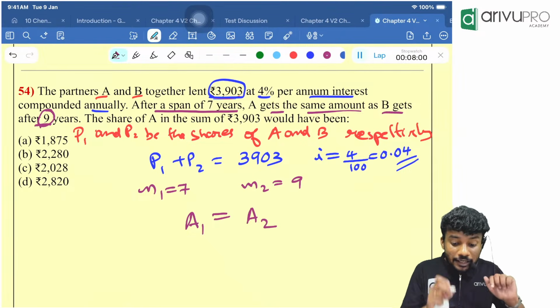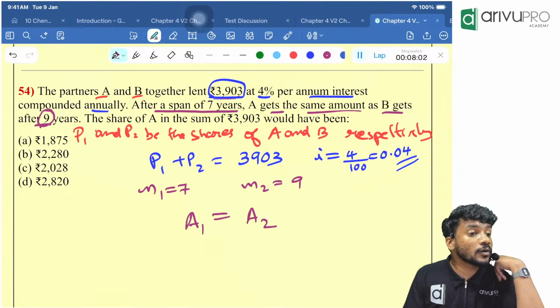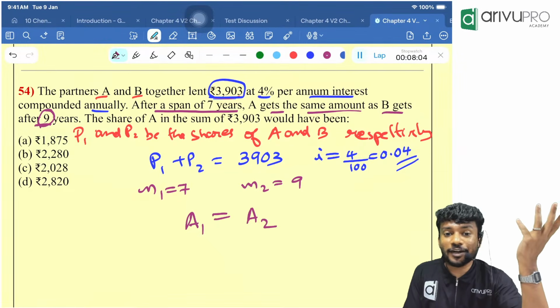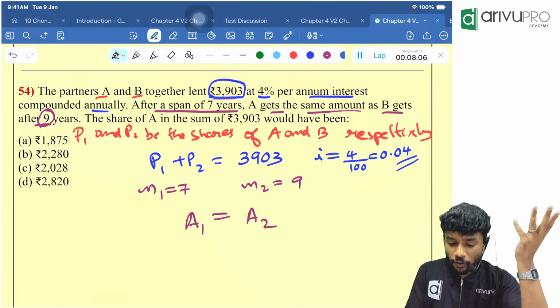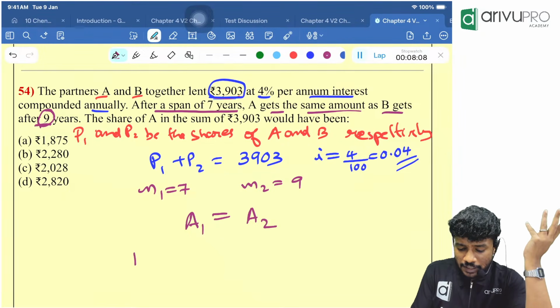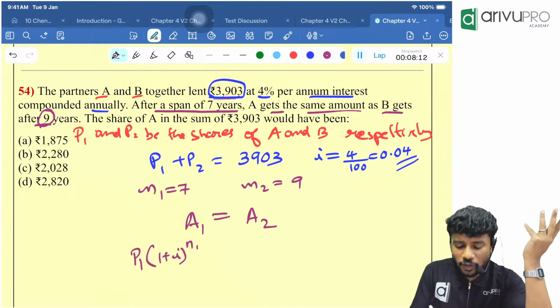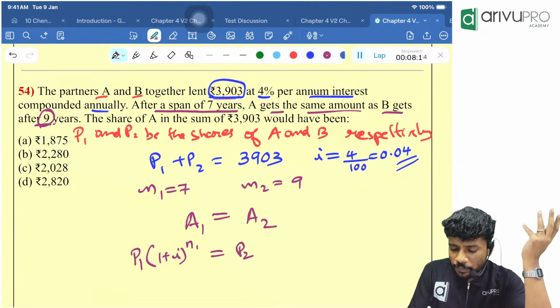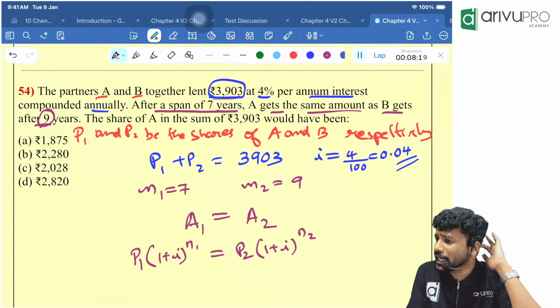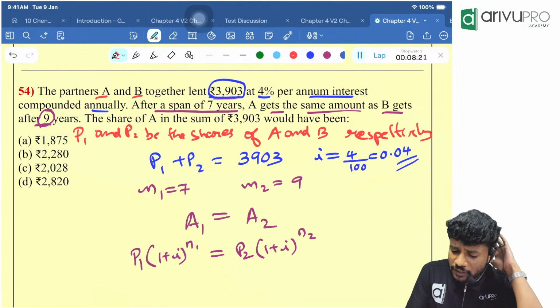Then what is the formula for A? Amount is P into 1 plus I the whole power n. What is the formula for A1 then? Can I write it as P1 into 1 plus I the whole power N1, which is equal to P2 into 1 plus I the whole power N2. Why did I not change the value of I1 and I2?